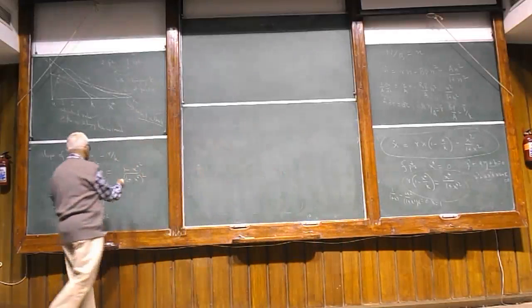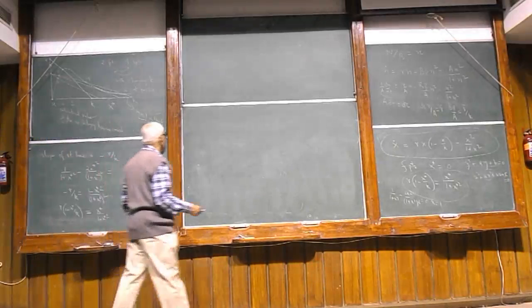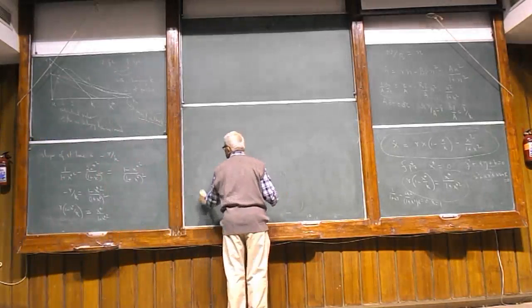So eliminating x star from here is going to give you a relation between r and k.